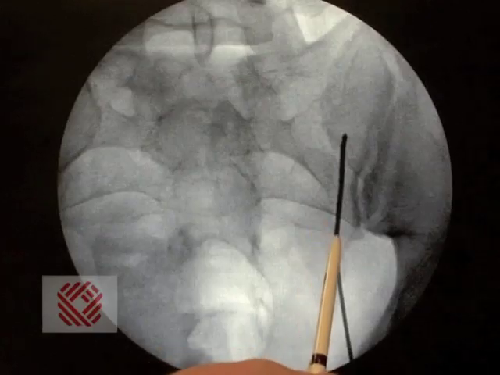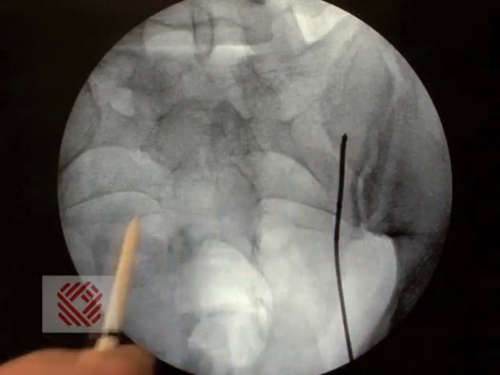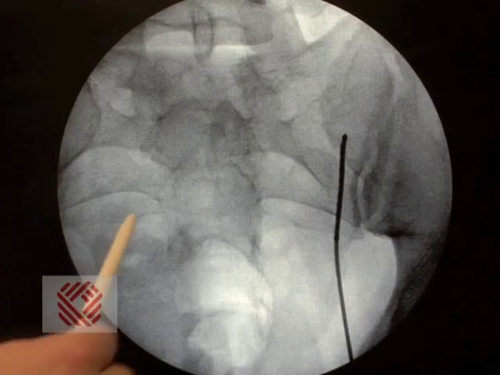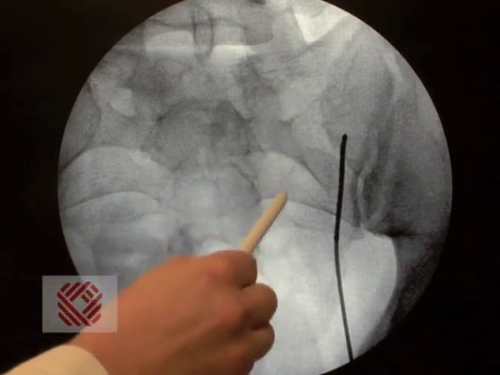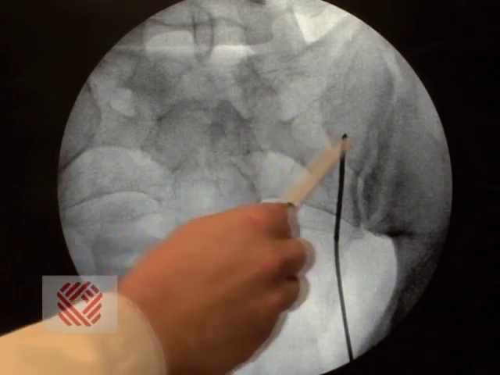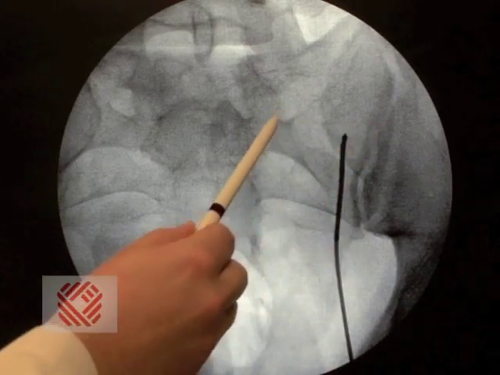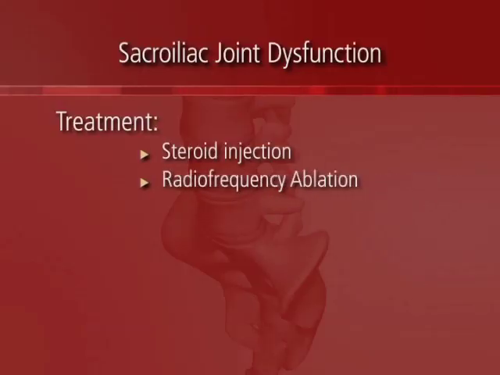And as those nerves branch out of those holes and feed the joint, we can perform a procedure where you put a probe between the hole where the nerve exits and the joint itself and destroy that by creating a tract. Now, this uses thermal energy, where we actually use heat to destroy the nerve. The name of the procedure is called a radiofrequency ablation procedure of the sacroiliac joint.